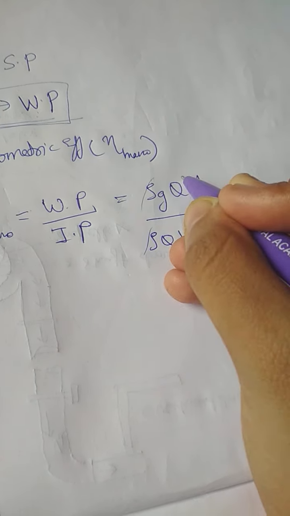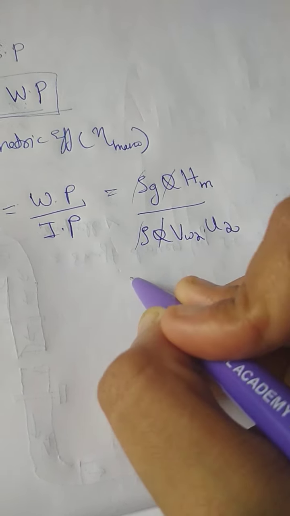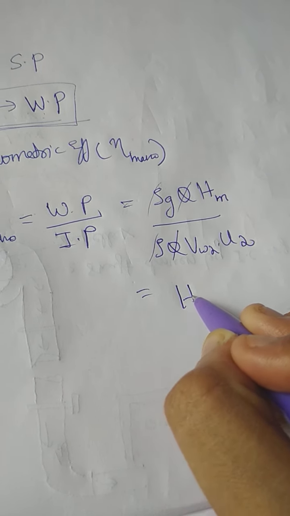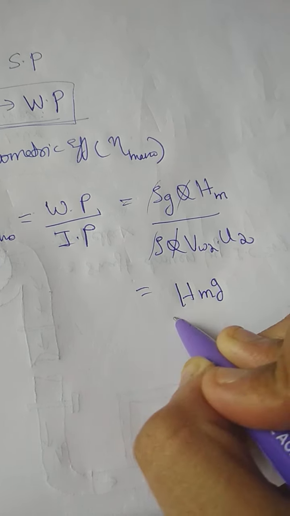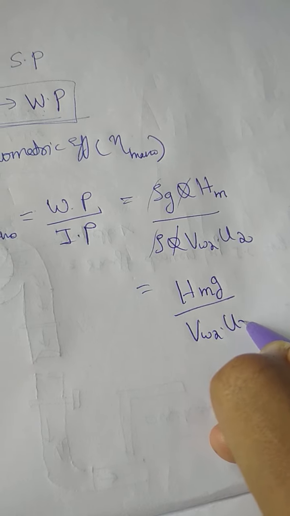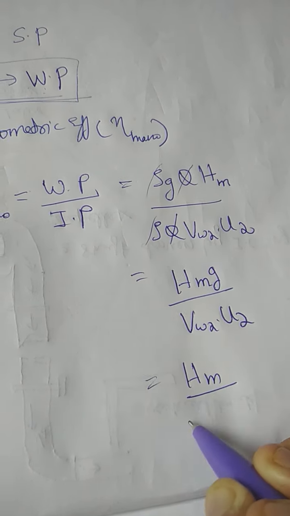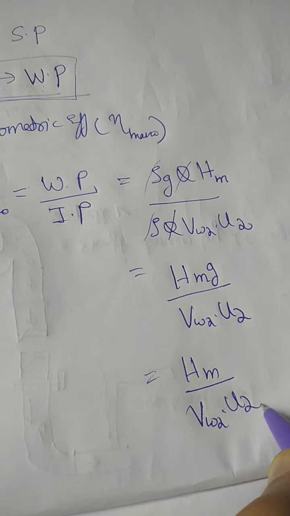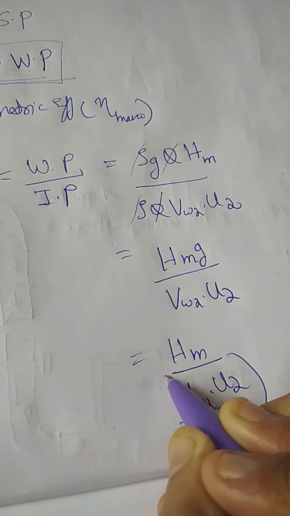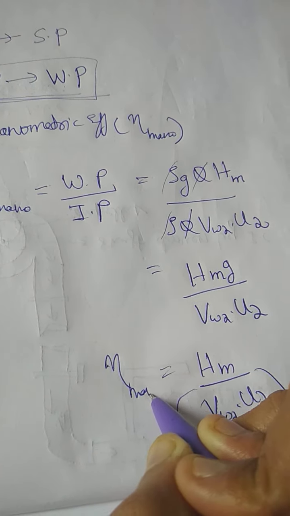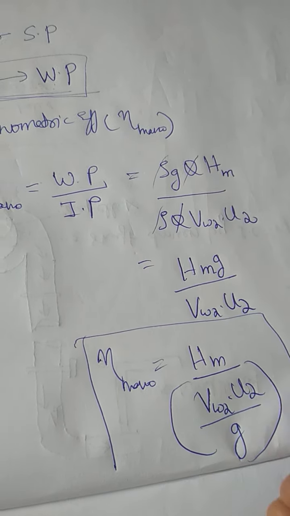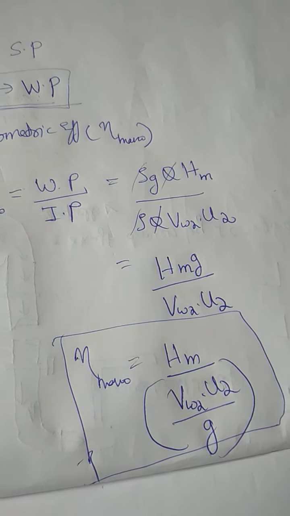So rho gets cancelled, q gets cancelled, and finally I have hm g divided by vw2 u2, which I can rewrite as hm divided by vw2 u2 by g, taking this g to the denominator. This is the expression for manometric efficiency, eta mano.